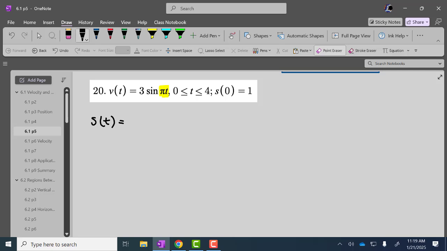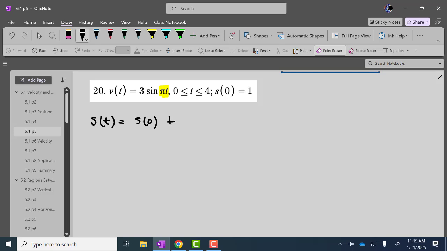So we want to know where we are. That's the starting position, where we're starting from. And then we're going to add the change in position on the time interval from 0 to 4. Now, this is interesting. They're giving us this time interval from 0 to 4.